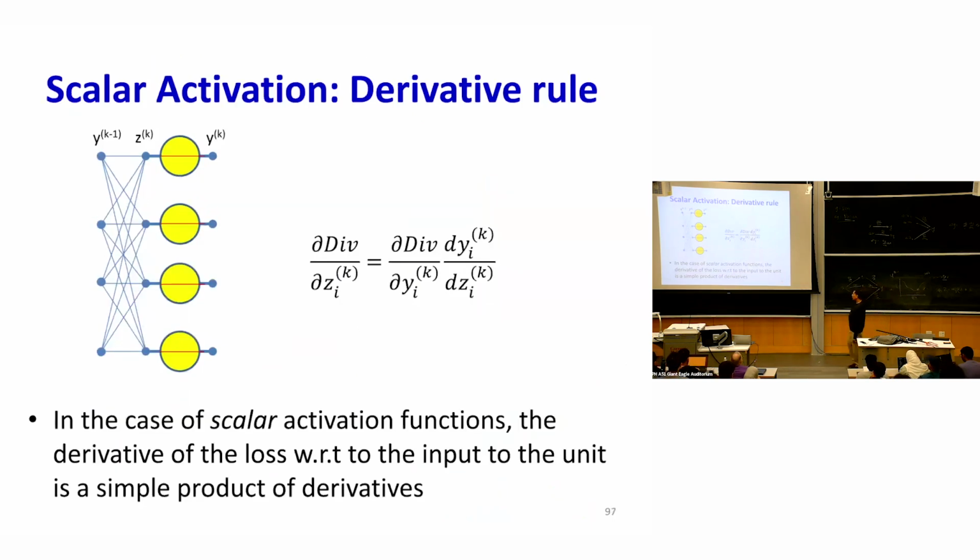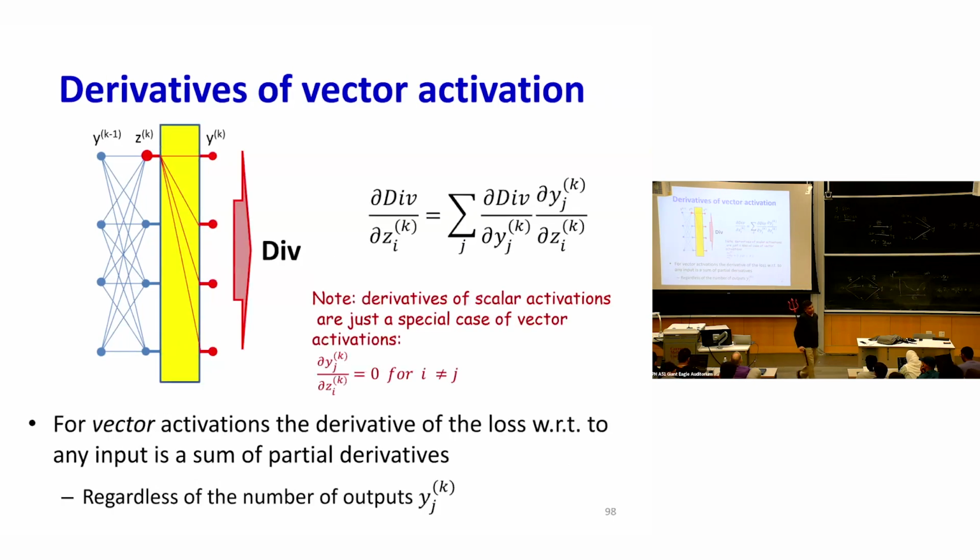So here, in the case of the scalar activation, when I'm going backwards and computing derivatives, if I want to compute the derivative with respect to any particular z, I just have to go past this one line. It's the derivative of the divergence with respect to y times the derivative of y with respect to z. But if I have a vector activation, things are slightly different. Because each z influences every one of the y's.